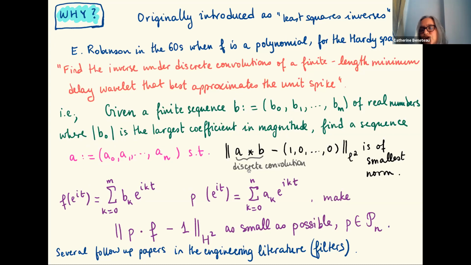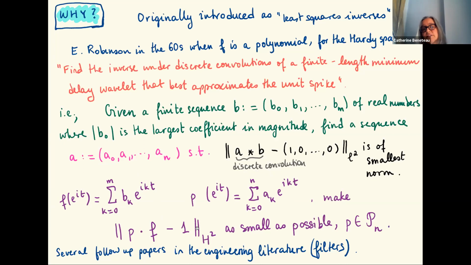Okay, so what does that amount to? The discrete convolution basically is the sequence of coefficients that you get when you do the multiplication of this polynomial p that you get by forming with the coefficients a_k times the polynomial f that you get with the coefficients of f using b_k.